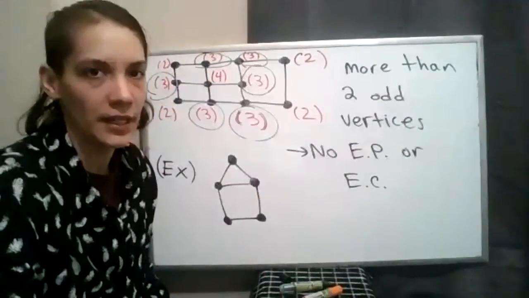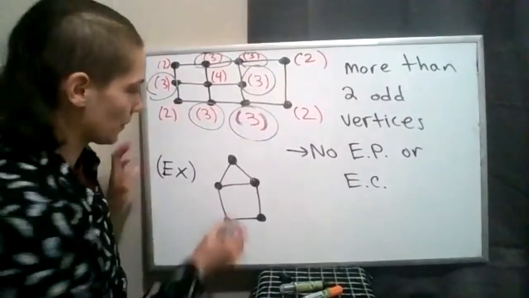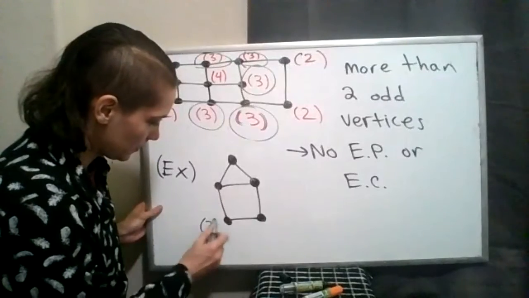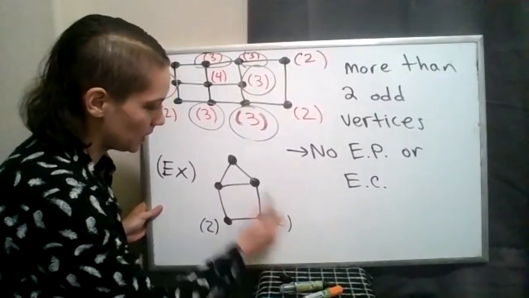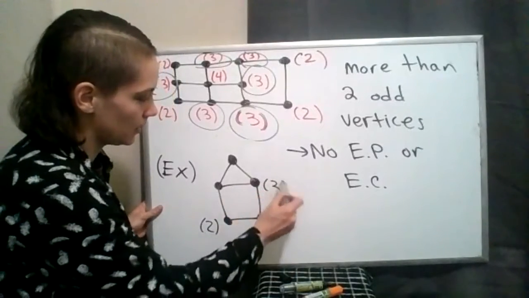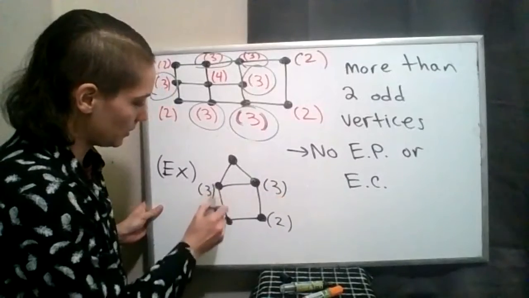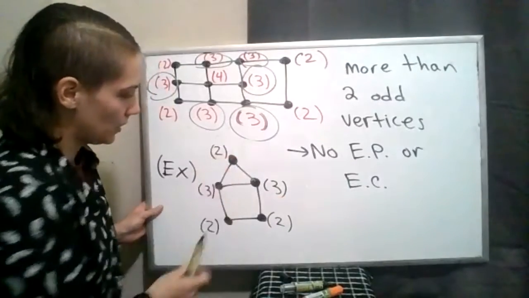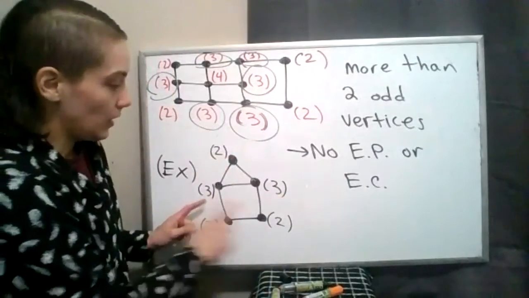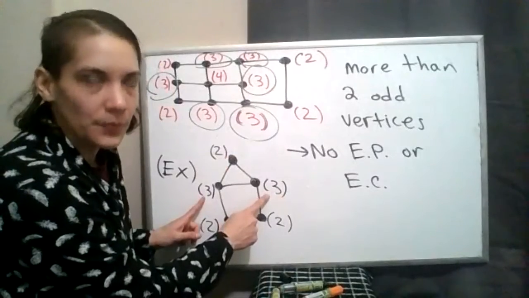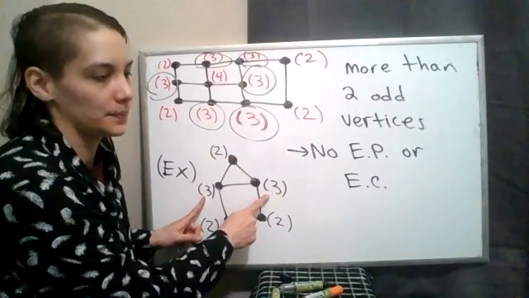So let's just check out all the degrees. This one's a degree 2. This one's degree 2. Degree 1, 2, 3. Degree 3. Degree 2. Okay, there are 2 odd vertices, which means we have an Euler path.